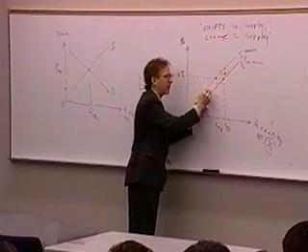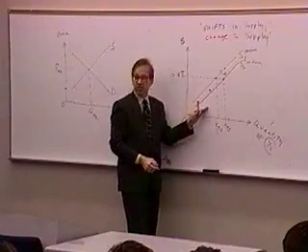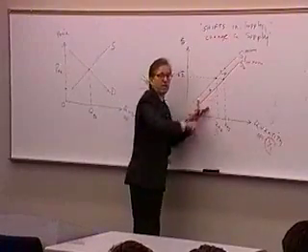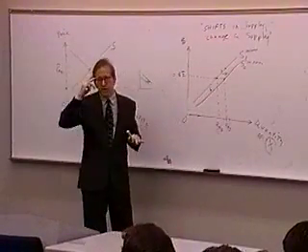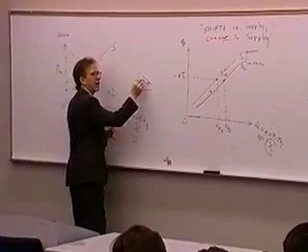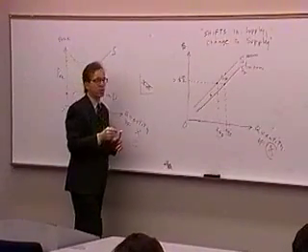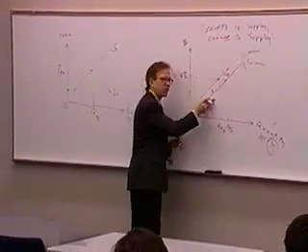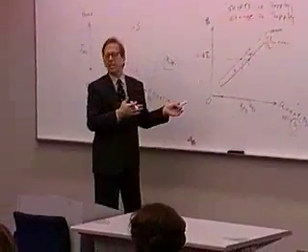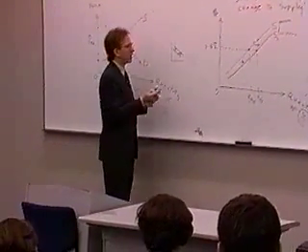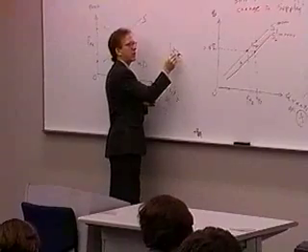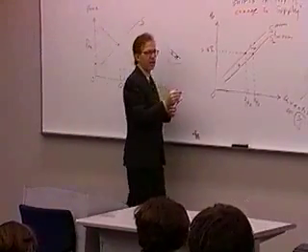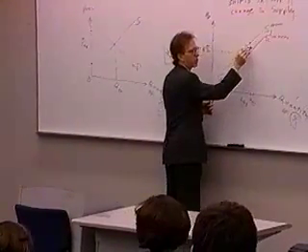If you talk about the direction of the shift, the supply curve shifted down when shifting to the right. So if you get into the habit of saying the demand curve shifts up when there's an increase in demand, then you have to say the supply curve shifted down when there's an increase in supply. That's confusing. The thing that's not confusing is that an increase in demand is a rightward shift in demand, and an increase in supply is a rightward shift in supply.